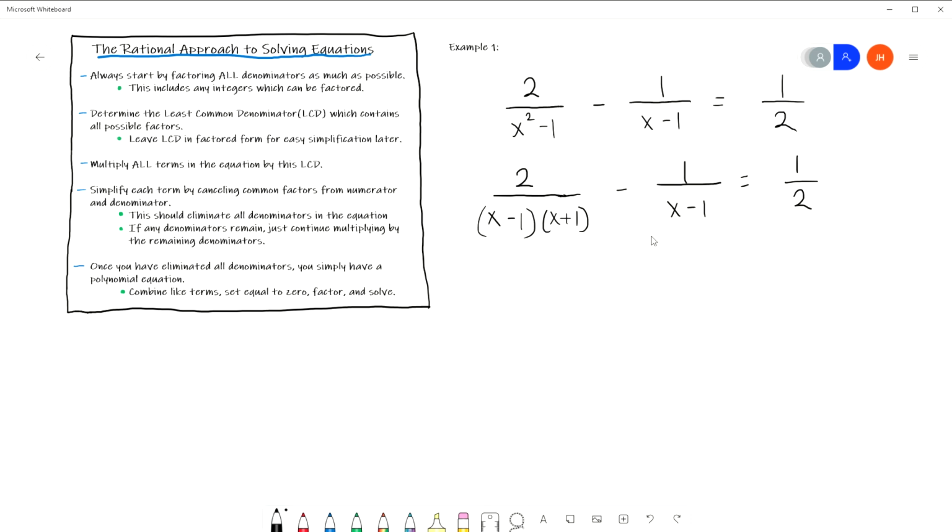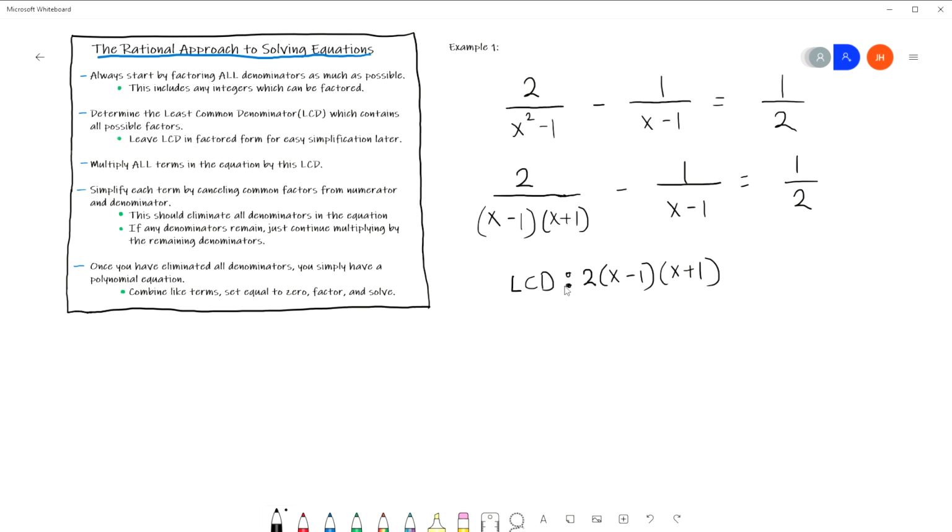So for example, I know I need my least common denominator, my LCD. It's going to need to have x minus 1, right? As a factor, it needs to have x minus 1. And that'll cover here, and that'll cover this guy, right? What other factors do I need? I need x plus 1, right? And what else do I need? Oh, I need this 2, actually. I'm going to need that 2.